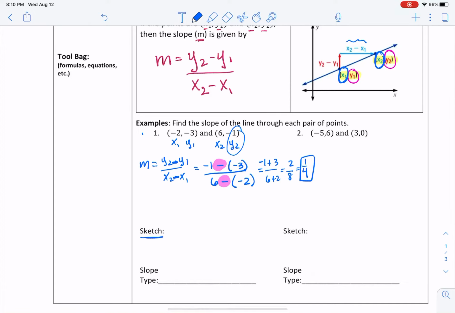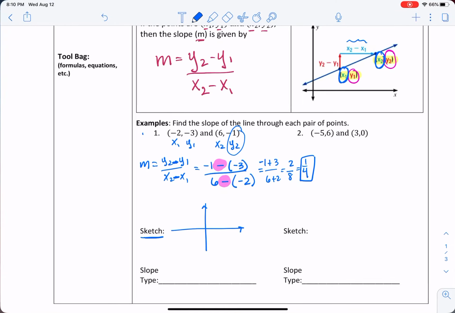Then it says to sketch. So there's my X and my Y, there's my grid. Over 6 down 1 is about right there. We're just ballparking it, estimating. And then -2, -3 is right there.